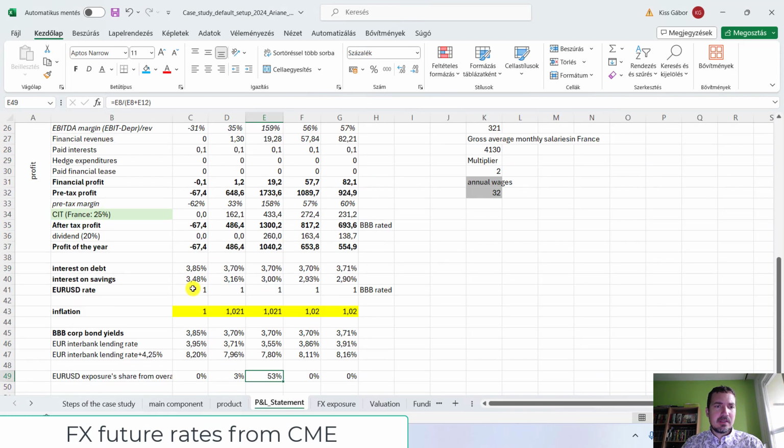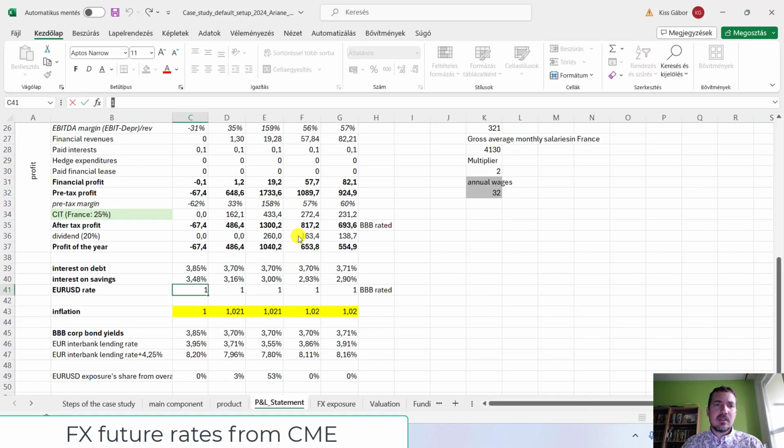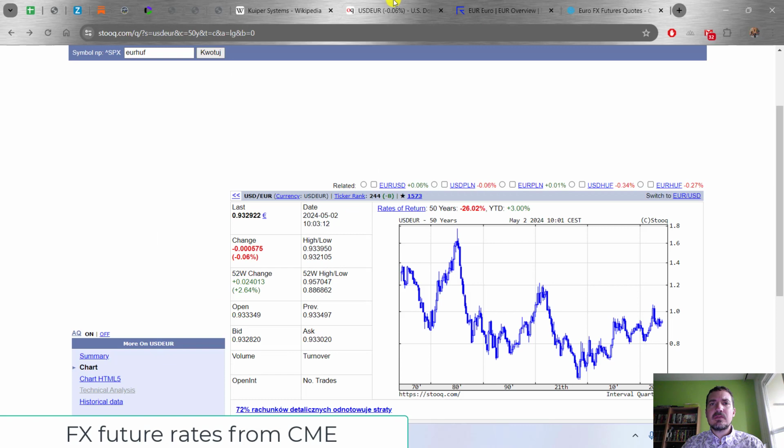So we have to calibrate this line here, and I'm not allowed to copy, so 0.93. Yep. Okay, so this is for the first year.